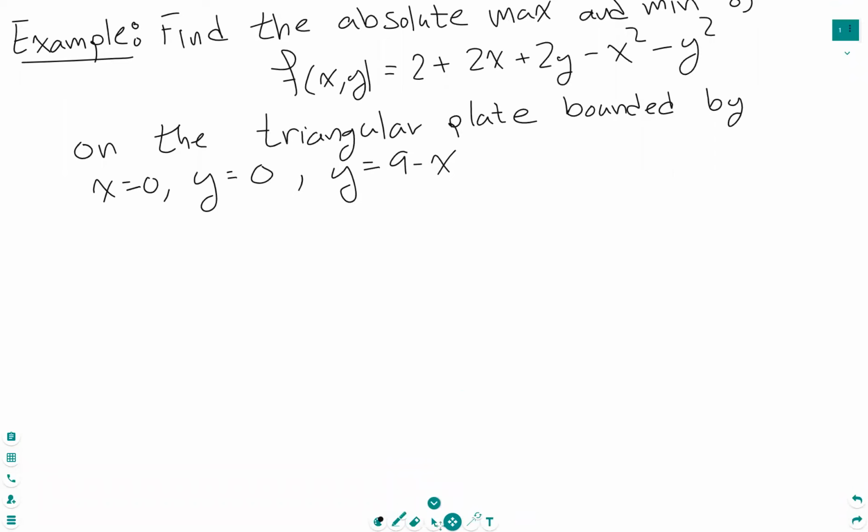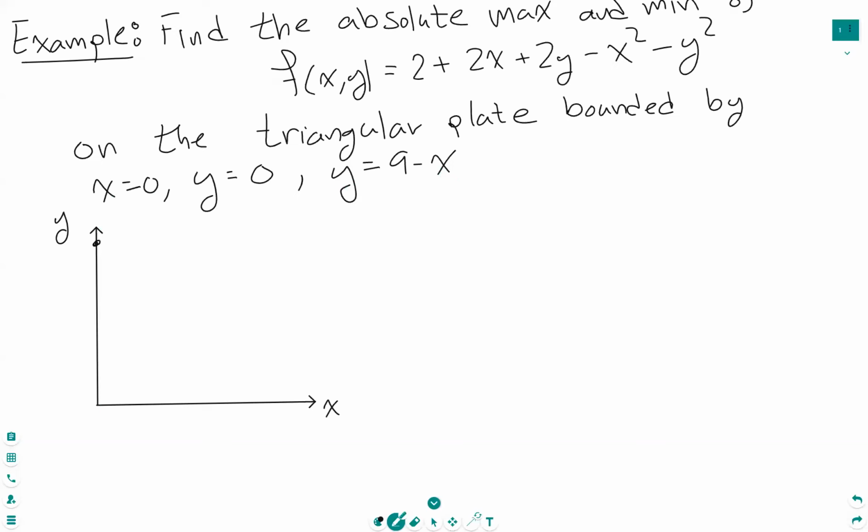So why don't we sketch what this plate looks like? So we have our y and x plane here. And we're going along x is equal to 0, y is equal to 0. So we have the x and y axis, but then we also have the line y is equal to 9 minus x.